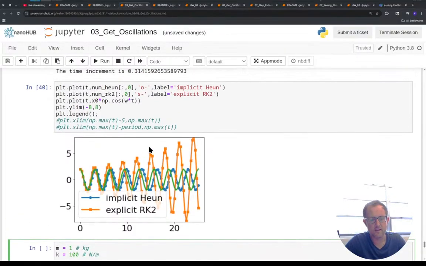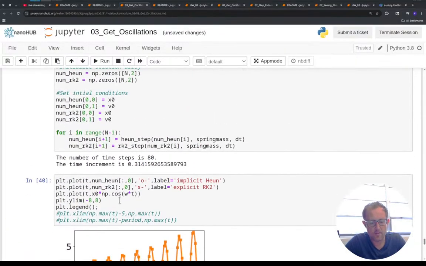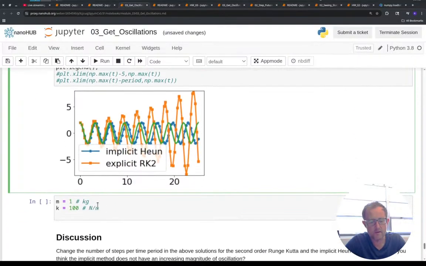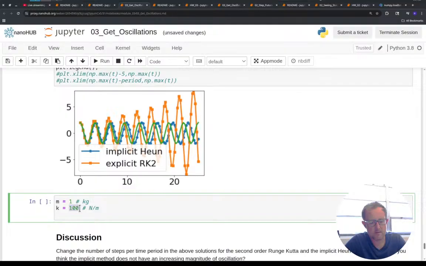I have to say, root K over M has to be this W. So W has to be root K over M. Then K over M is 2 squared. So if M is 1, K is 4. Yeah, try that.